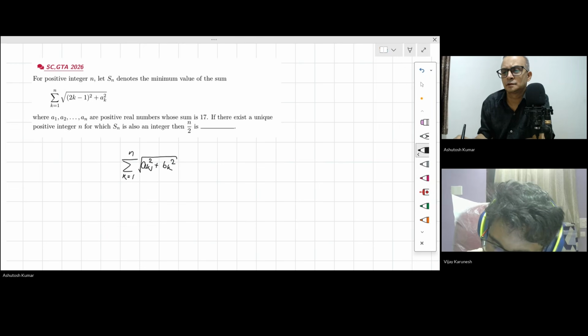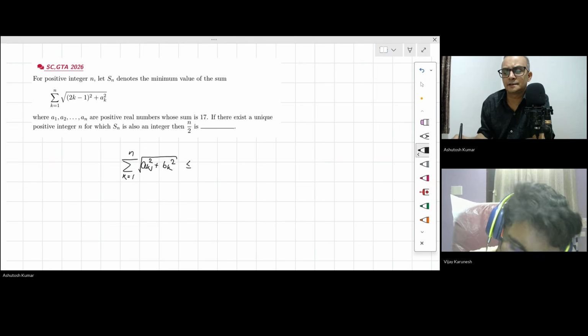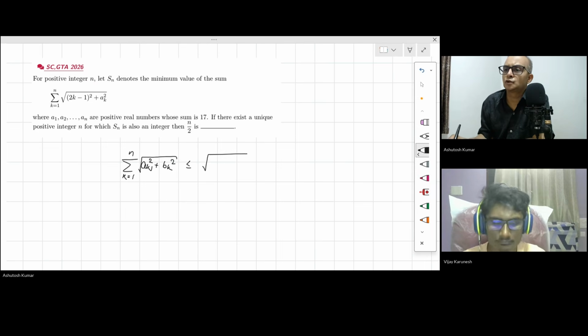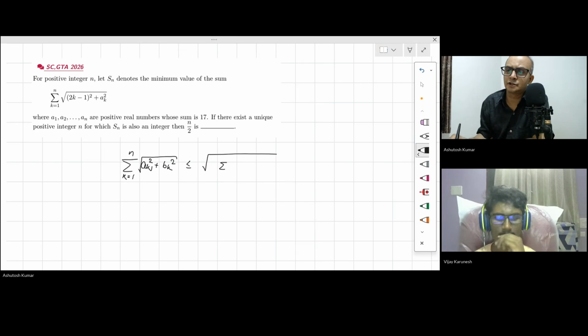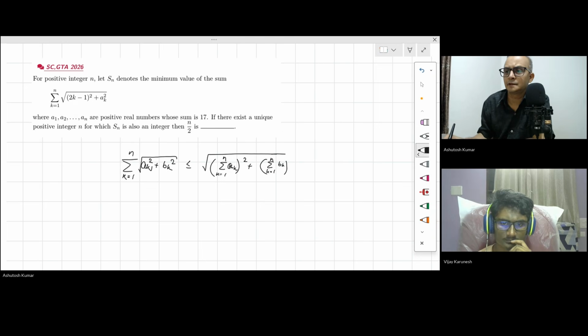Square root is always lesser than square root of summation k a_k, k goes from 1 to n, squared, plus summation k goes from 1 to n, k squared. I think it's correct. Oh no, wait.